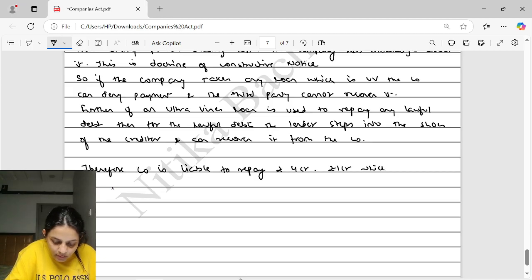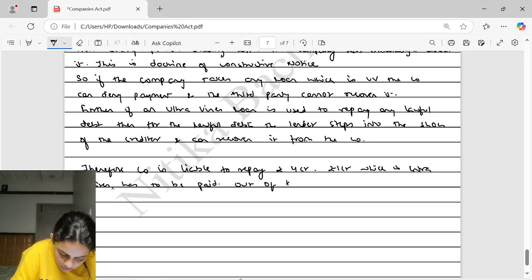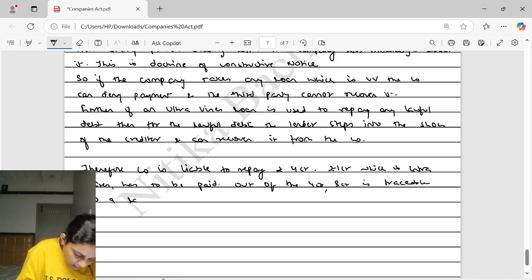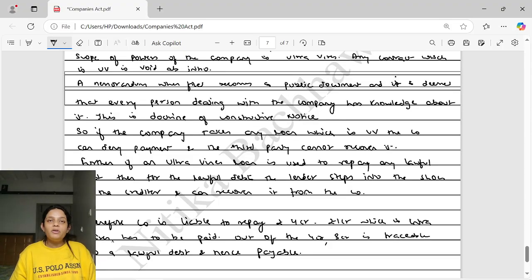Rupees 1 crore which is intra vires has to be paid. Out of the 4 crores, 3 crores is traceable to a lawful debt and hence payable. I hope this is clear to everyone.